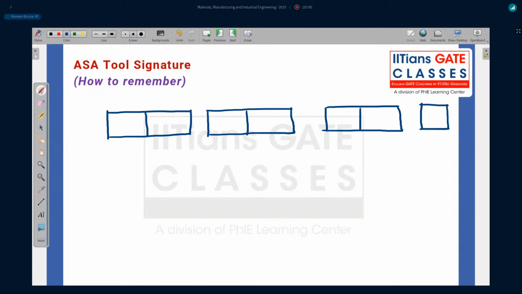Okay. First couple is called the rake couple or rake angle couple. Second couple is the relief angle couple.